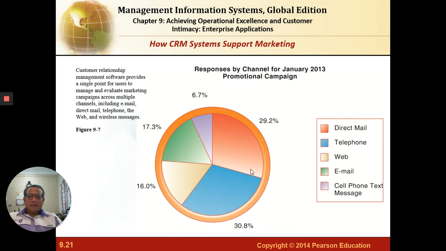So how does CRM support marketing? Normally the CRM function engages many methods of keeping contact with customers. 30.8% is directly contacting customers, and almost another 30% is by direct mailing and email, and the rest is using the web.